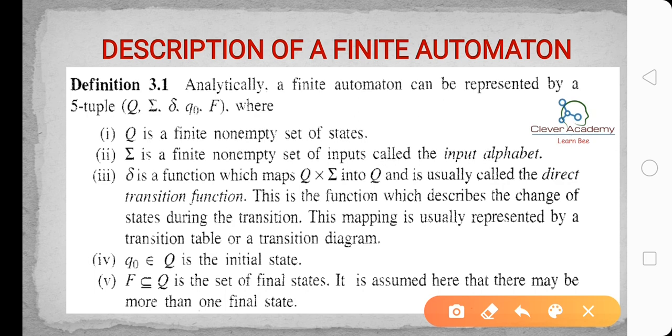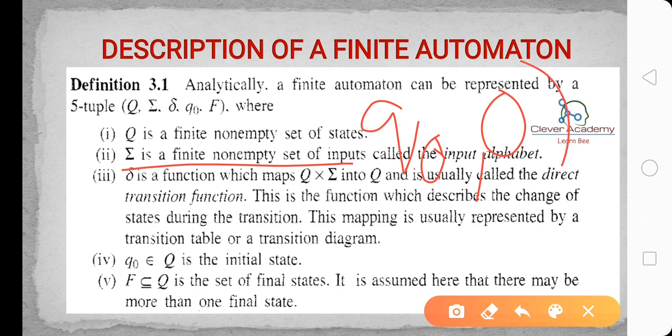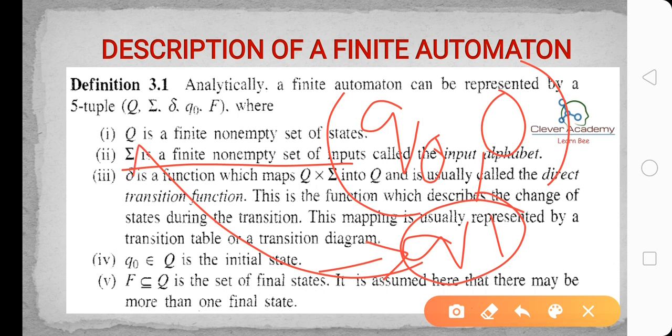Q is the state, q naught, comma, sigma is the input value, for example 0: (q naught, 0) implies another state, q1, which is in Q. Q is the set of all the states.